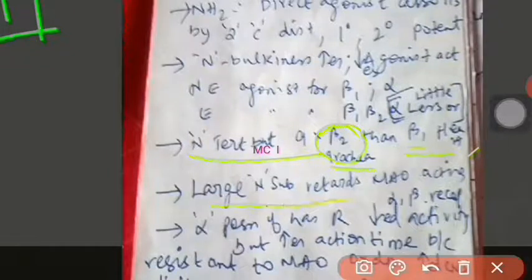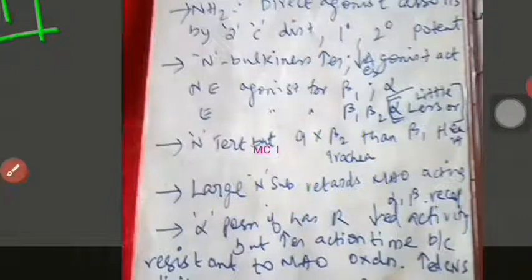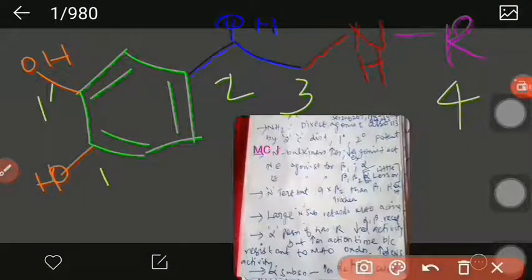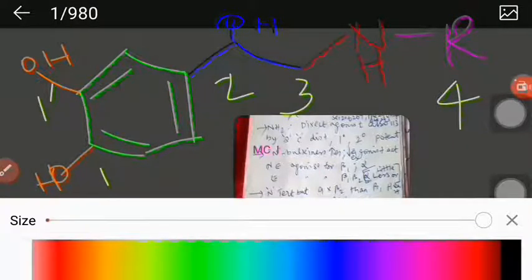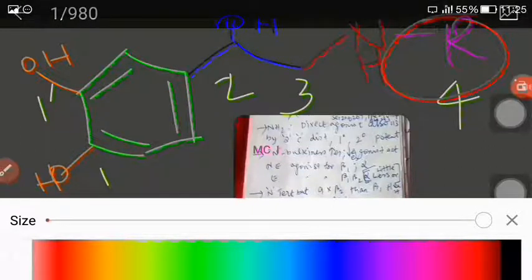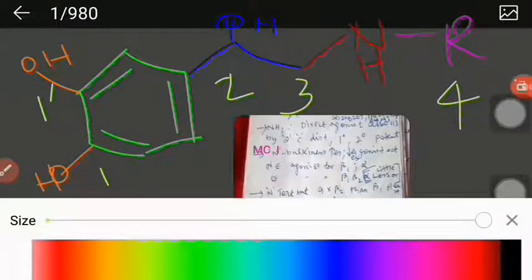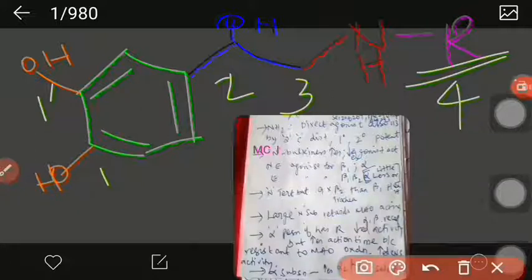So larger substituent retards metabolism. Larger substitution at the nitrogen retards metabolism. Where I am speaking about this larger substitution, it is at this point. This is the larger substitution of R, and that brings about the loss of alpha activity but gain of beta activity.